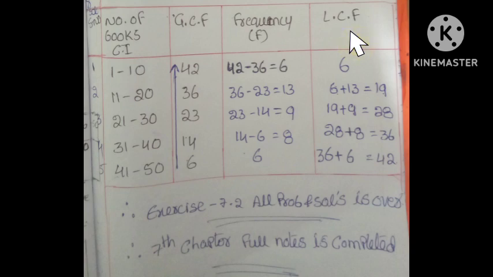Next, LCF. How will you calculate the LCF? This is the frequency you got. The first frequency as it is is 6. The second frequency is 13, so 6 plus 13 equals 19.